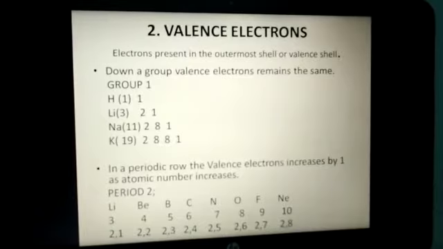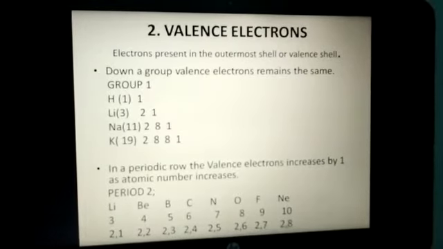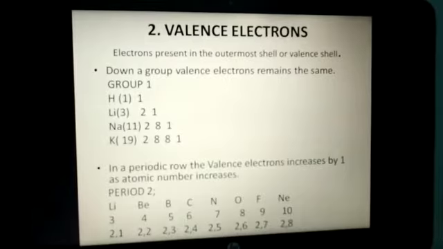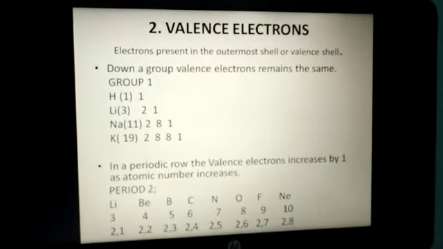Now the next element is beryllium with atomic number 4, but the extra electron would be added in the same shell, so the configuration becomes 2, 2. Now the valence electrons are increasing by 1 as we move from left to right. So the trend of valence electrons in a row is that it goes on increasing by 1 up to 8.